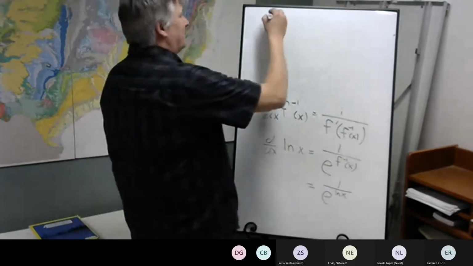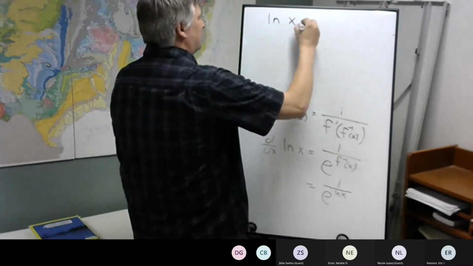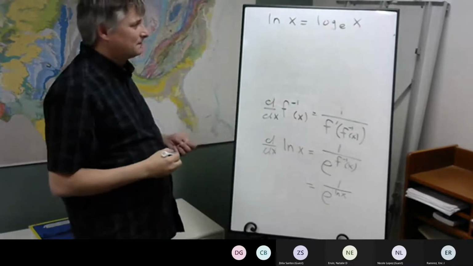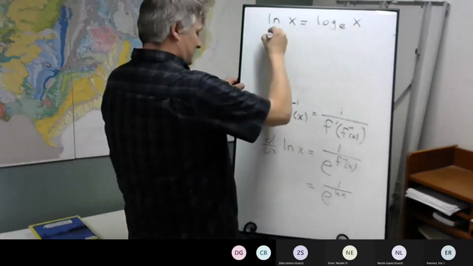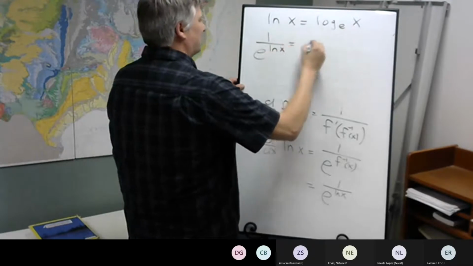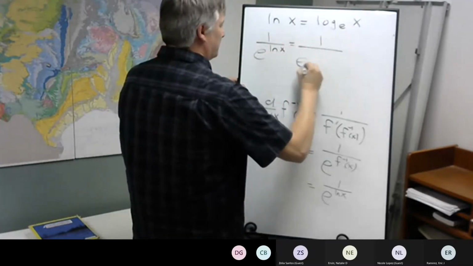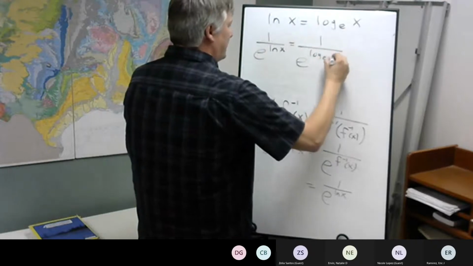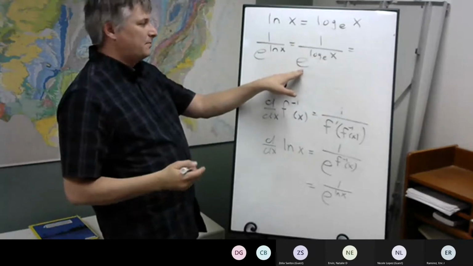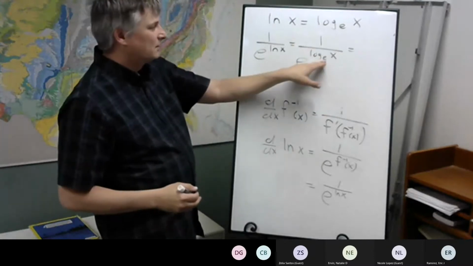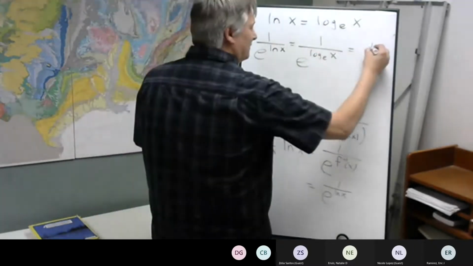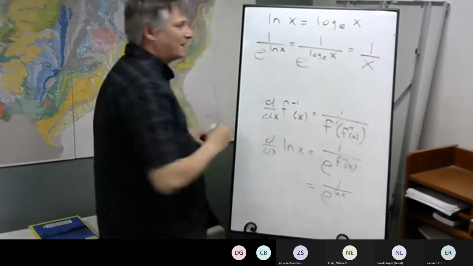So keeping in mind that ln of x is log base e of x, this is going to imply that 1 over e to the natural log of x is 1 over e to the log base e of x. These are going to cancel. The base of an exponential expression matches the base of a logarithmic expression. They're going to cancel. We're going to get 1 over x.